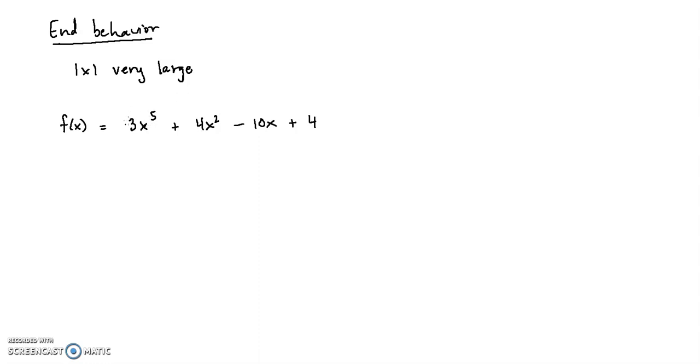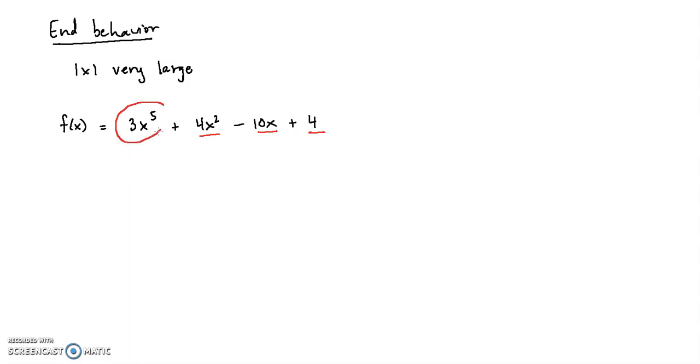The part that we're really interested in is this first term, because of what happens when x gets really, really large. You could maybe pull out a calculator and play around with this a little bit, but when x gets really large, and we're talking about into the thousands, 10,000, 100,000, a million, the rest of these terms are relatively small and they don't change the numbers very much.